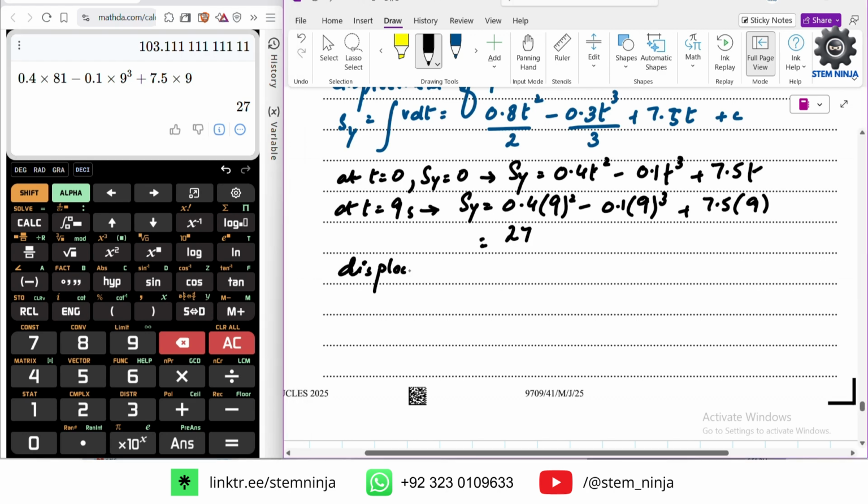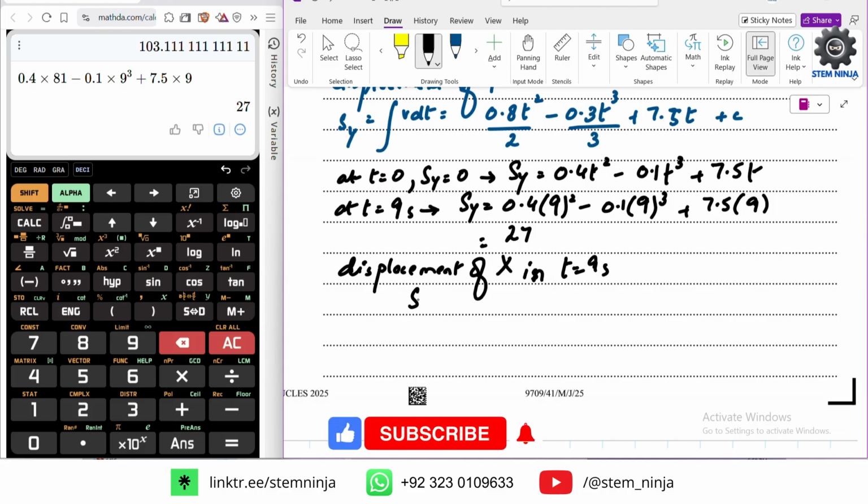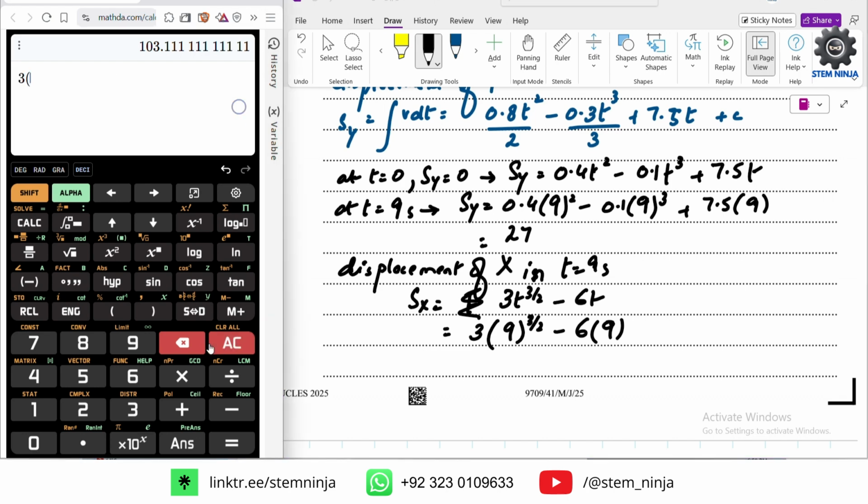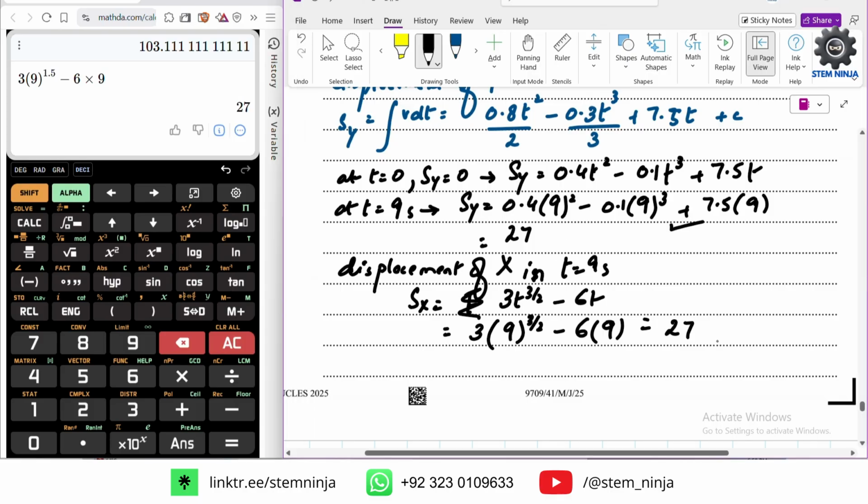Now we need the same thing for x, displacement of x at t is equal to 9 seconds. This was 3t to the power 3 over 2 minus 6t. So 3 times 9 raised to power 1.5 minus 6 times 9, which is 27. So that's what we had to show.